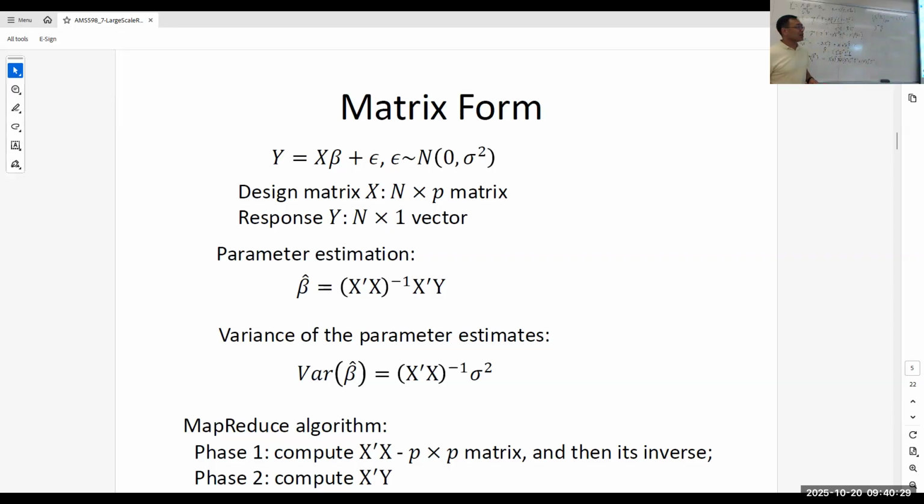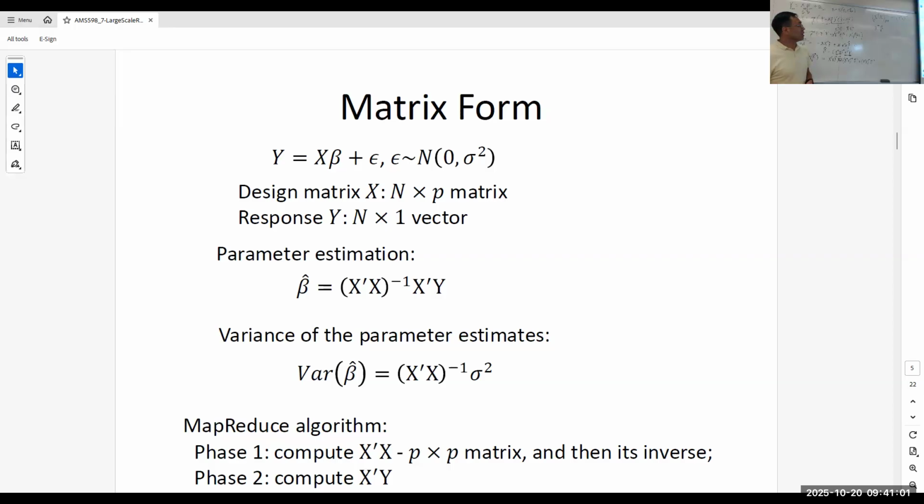Once you calculate the matrix X transpose X, your dimension has reduced to p by p. Hopefully there are ways to do the inverse for large p as well. In most cases p would be a few hundred, and the inverse of a 100 by 100 or even 500 by 500 matrix can be handled by a single machine, without parallel computing.